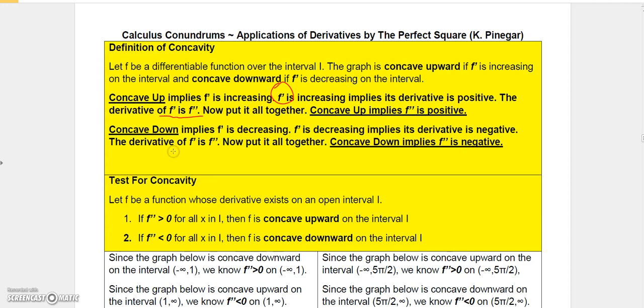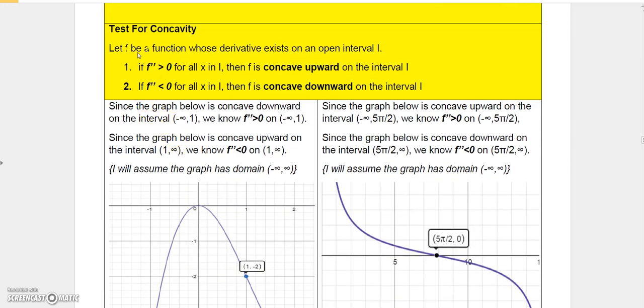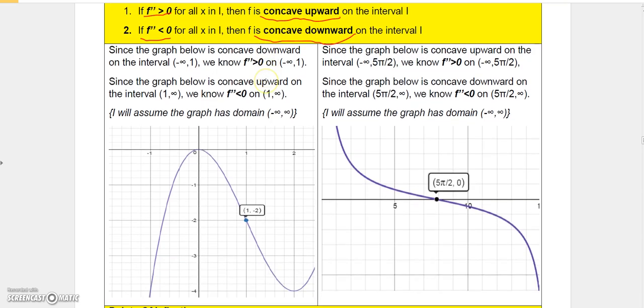So this leads to a test for concavity. The way you test for concavity is you find the second derivative, and you determine where the second derivative is positive, and where it is positive, the graph is concave upward. Then determine where the second derivative is negative, and there the graph is concave downward.